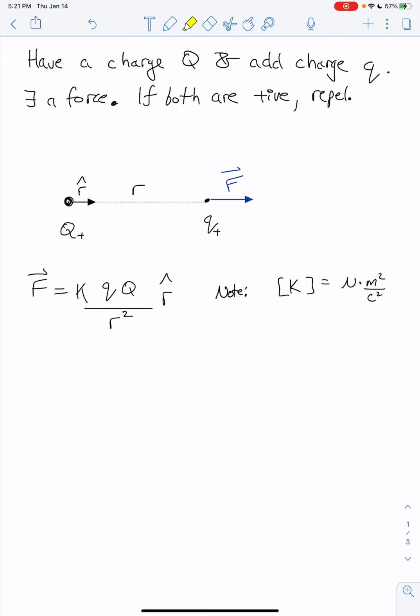And we call that an electric field. So there's an electric field in the area around big Q. And we denote the electric field with big E.